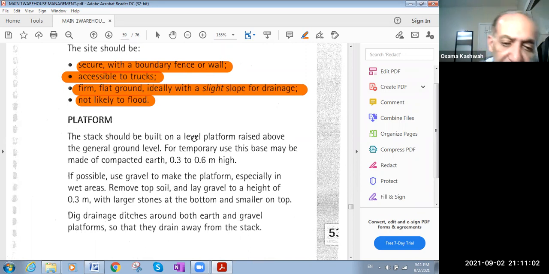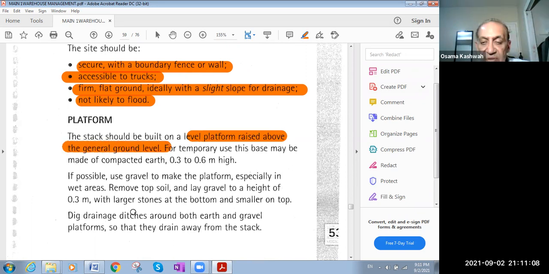The stack should be built on a level platform raised above the general ground level. We said this before: it shouldn't be stuck to the ground. It should be above the ground, and you should leave a space. Like what you do inside the store itself, you will do on the platform as well. For temporary use, this base may be made of compacted earth 0.3 to 0.6 meters high.